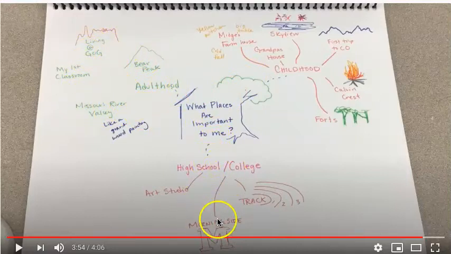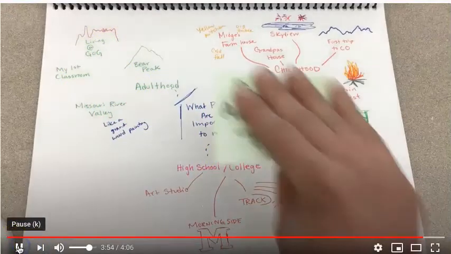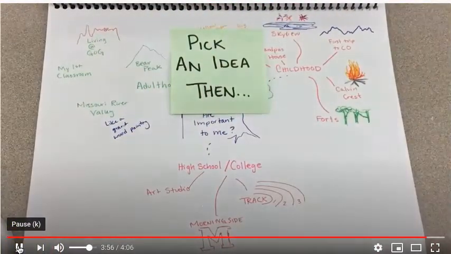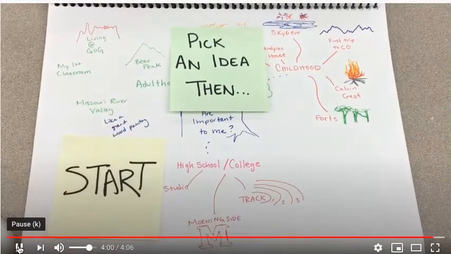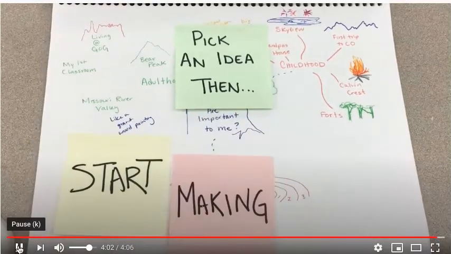During high school and college, some places that were important to them. So they have many, many possible ideas, subject matters for their artwork. Pick an idea and then create your work.